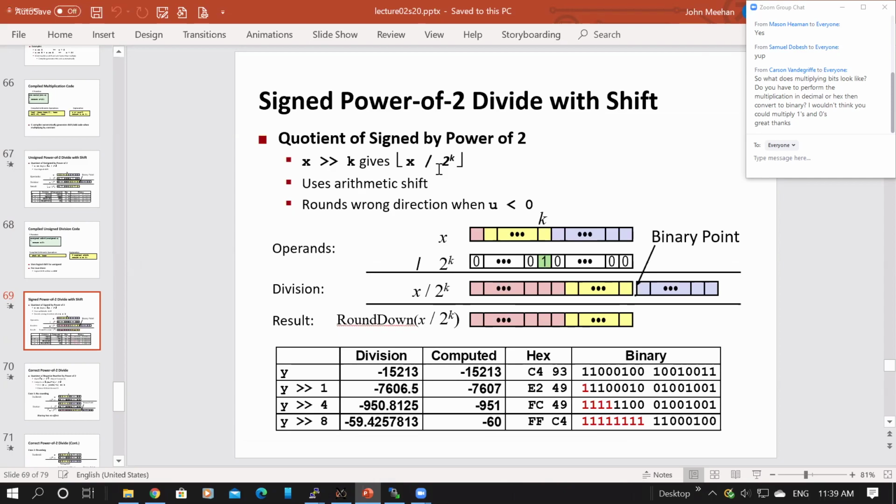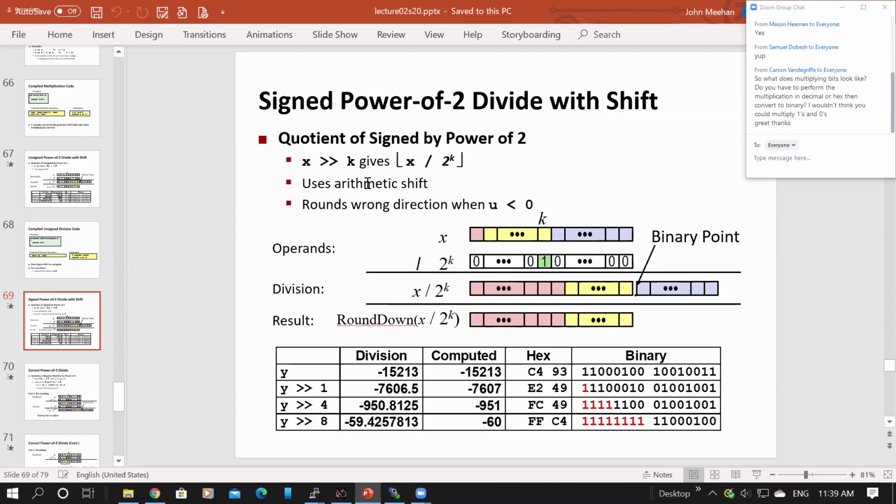And then rather than doing a logical shift when we're dealing with 2's complement values, we do what's called an arithmetic shift. We've already seen something similar to this when we took a short and put it into an int. If the short was negative, remember we had to do that sign propagation, filling the sign bits all the way to the left to get the right value in the bigger encoding.